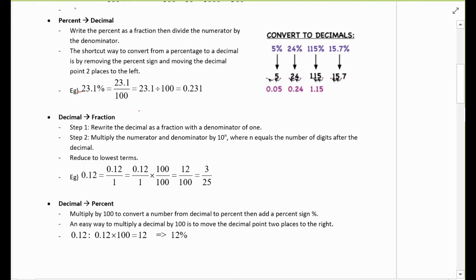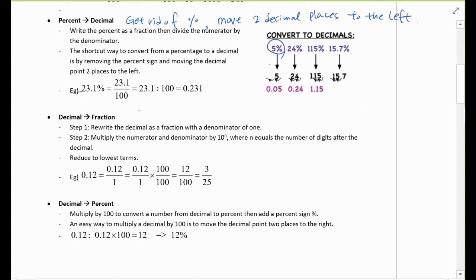So when you convert percent to a decimal, I want you to write it down: get rid of percent and move 2 decimal places to the left.